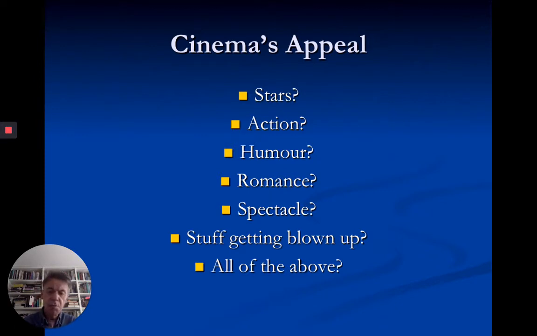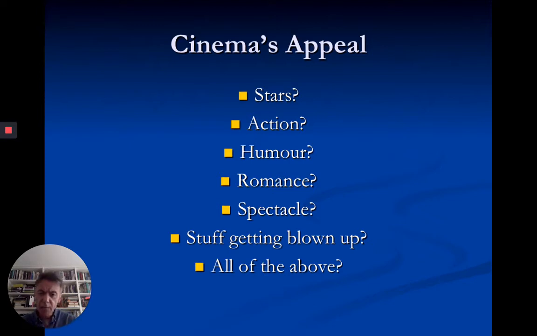There are many lines of appeal, and if you look at that list, they kind of add up to a trailer for a film. These are the kinds of things: the star being active in a romantic clinch, involved in spectacular, often violent confrontations.